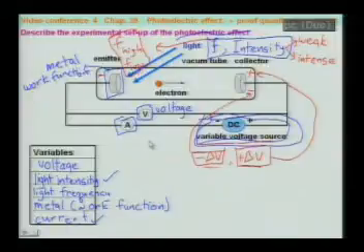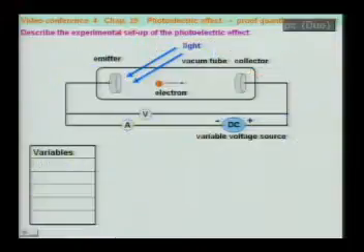Yes, question? What is the difference between the light intensity and the light frequency that we can vary? The intensity and the frequency.